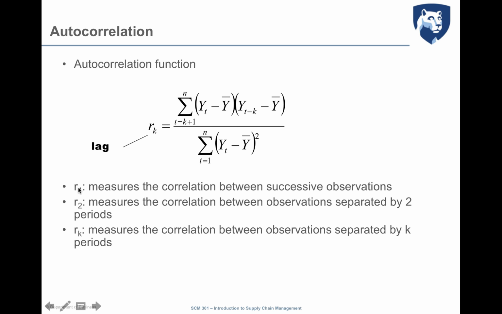If I measure R1, I'm interested in understanding if the observation in period 1 is correlated with the observation in period 2, which is correlated with the observation in period 3, and so on. So it measures the correlation between successive observations. R2 instead measures the correlation between observations separated by two periods, so 1 to 3, 2 to 4, 3 to 5, 4 to 6, 5 to 7, and so on. R_k measures the correlation between observations separated by k periods.